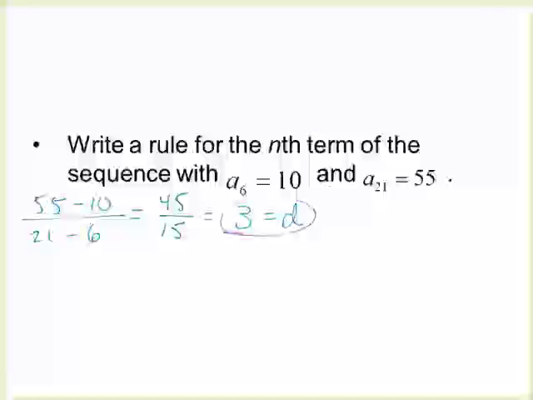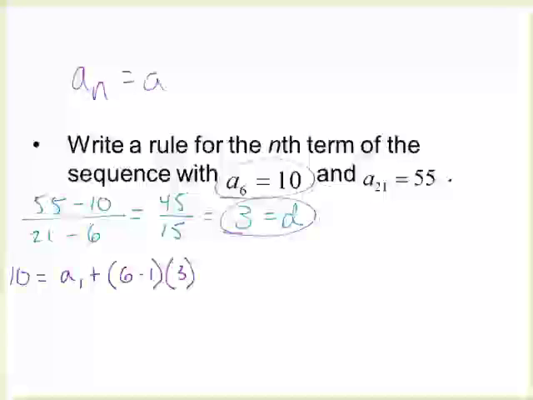So now we know our difference, and we know 2 terms, so we can just pick whichever one we like better and do it like the last problem. I usually pick the one with smaller numbers because it keeps the arithmetic smaller, but it doesn't matter. Either one will work. And then we do this problem like the last one. So plugging in 10 equals a sub 1, which we still don't know, plus 10 is the 6th term, so 6 minus 1 times d, the common difference is 3.